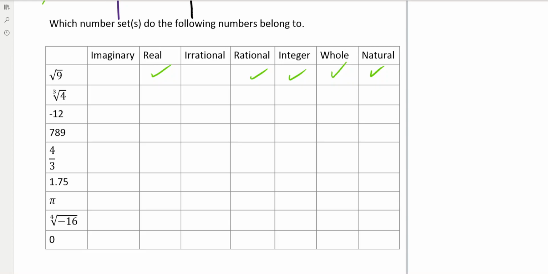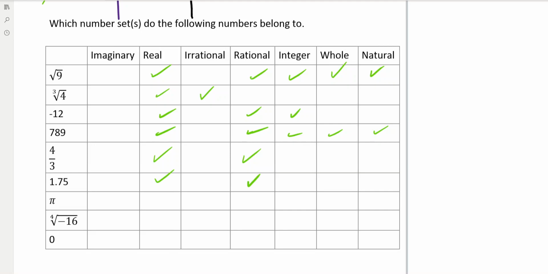Okay, cube root of 4 is going to be a decimal, so it's actually going to be irrational and real. Negative 12 is going to be an integer, rational, and real. 789 is going to be natural, whole, integer, rational, and real. 4 over 3 is going to be rational and real. 1.75 is going to be rational and real.